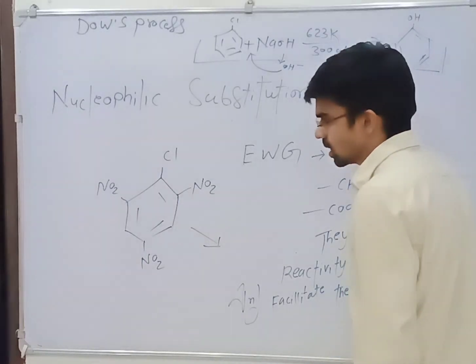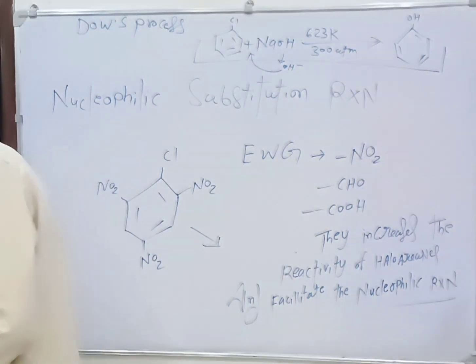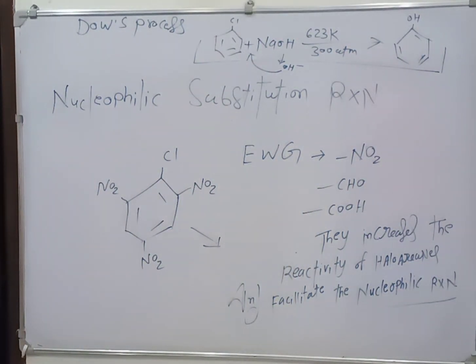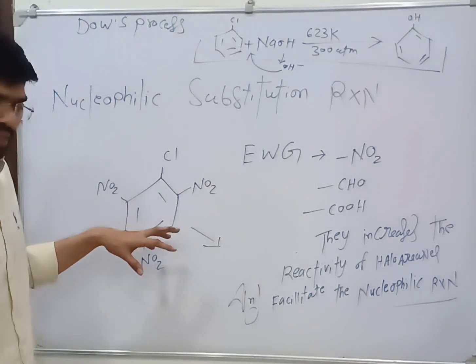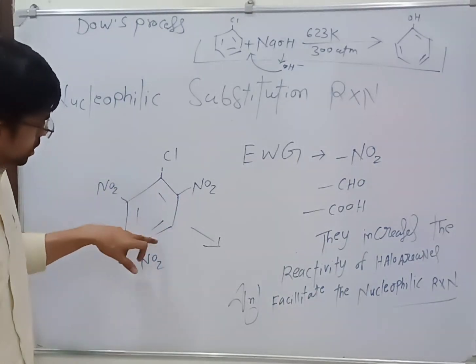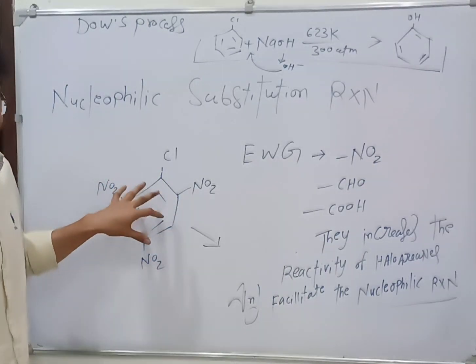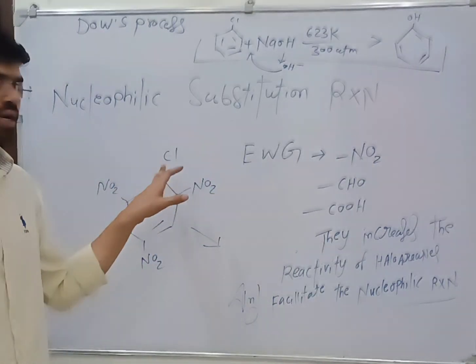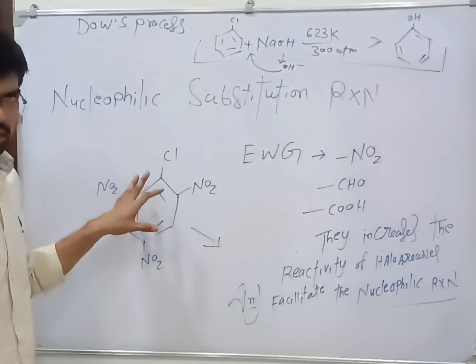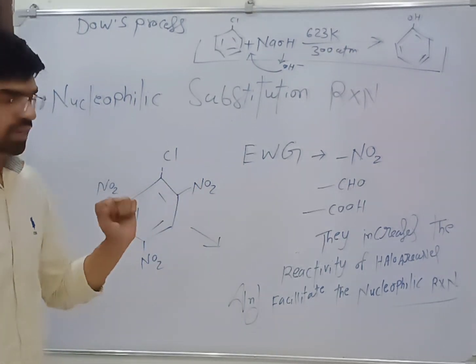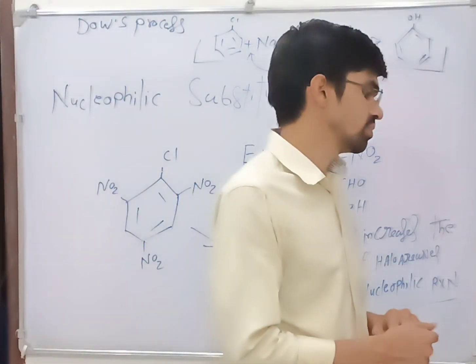So whenever the electron withdrawing groups are attached at ortho and para position in haloarenes, they just attract the electrons and reduce the electron density in the ring and facilitate the nucleophile attack. Because the more electron density in the ring, the more it will repel the nucleophile and the nucleophilic reaction will not take place.